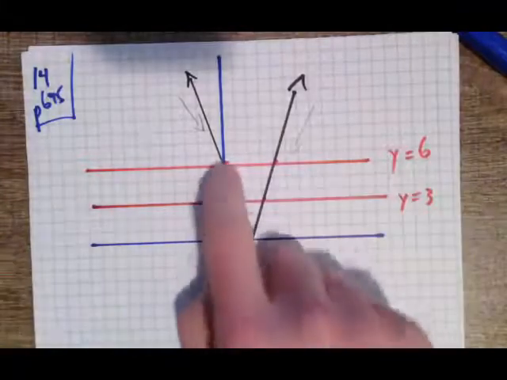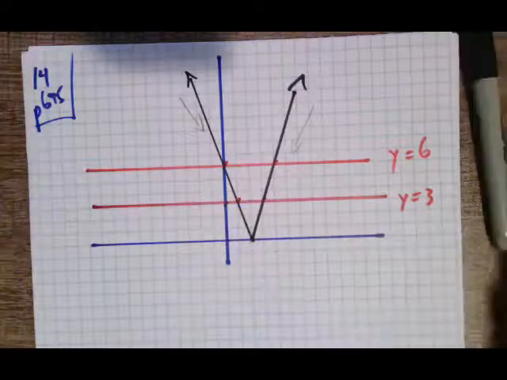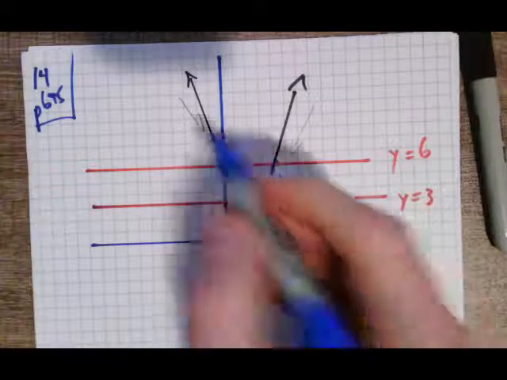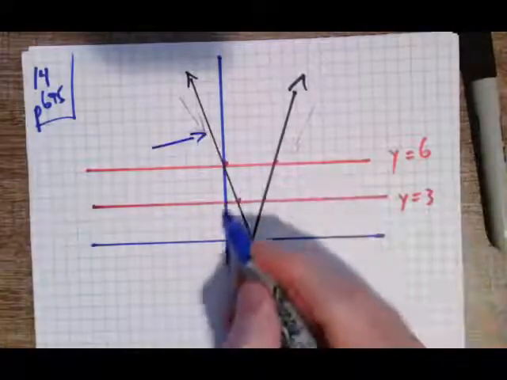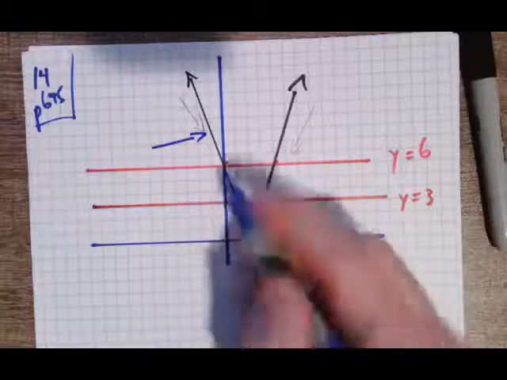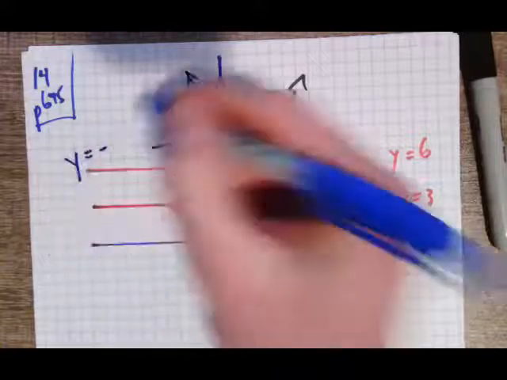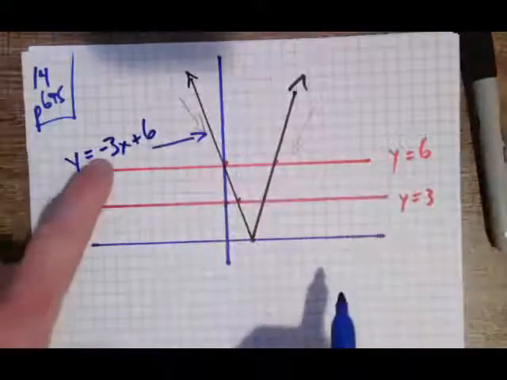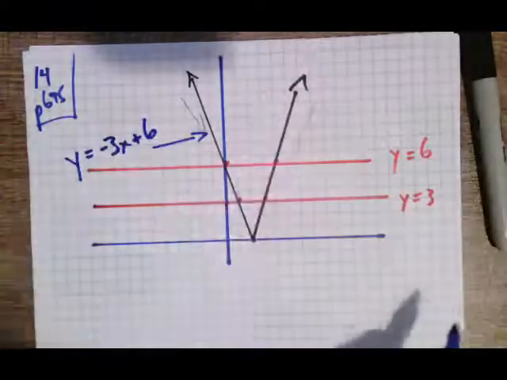To do an equation, you need the y-intercept and the slope. For this one here, the y-intercept is 1, 2, 3, 4, 5, 6, and the slope is negative 3 over 1. So y equals negative 3x plus 6. Negative slope because it's rising to the left. This one's positive because it's rising to the right.